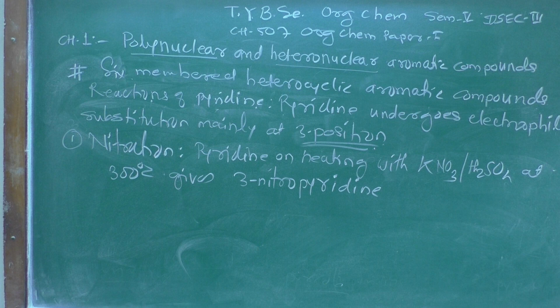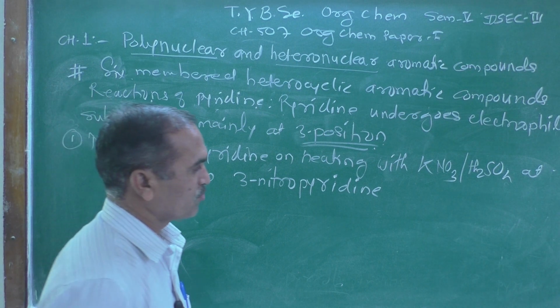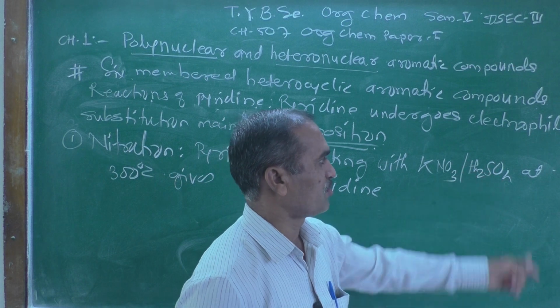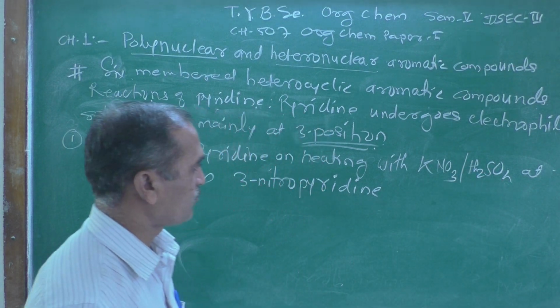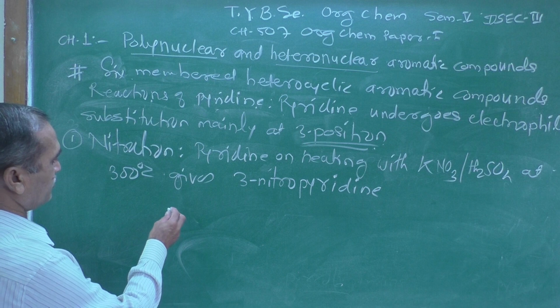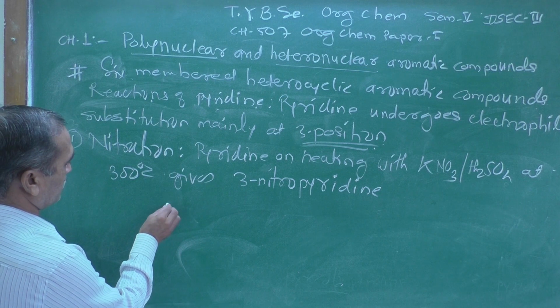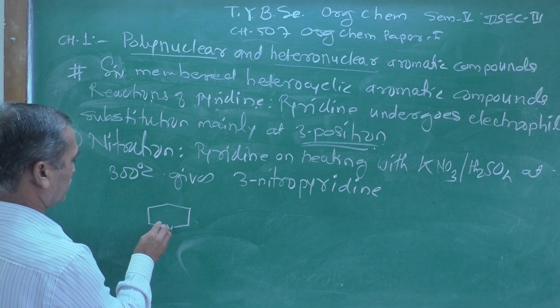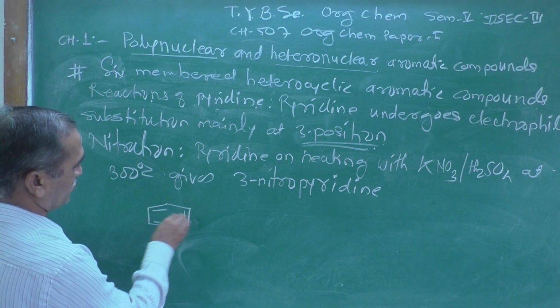KNO3 is known as potassium nitrate, and H2SO4, as we know, is sulfuric acid. The starting compound is pyridine, which I am showing over here.